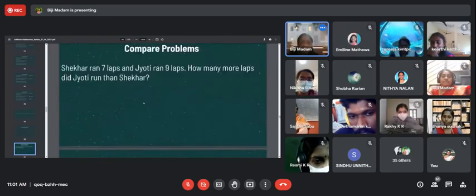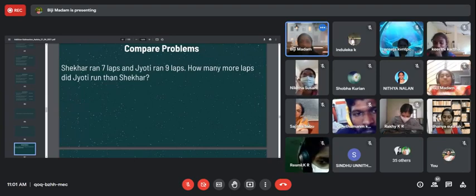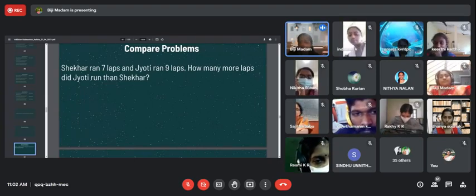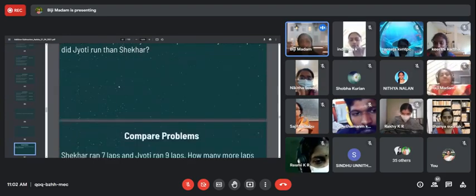Another, and let me finish off with this: compare type of problems also. Here, for example, Shekhar has 7 laps, Jyoti has 9, and how many more did Jyoti run than Shekhar?